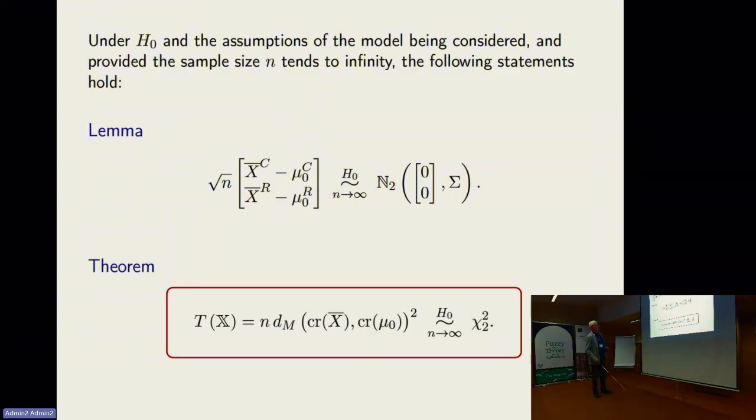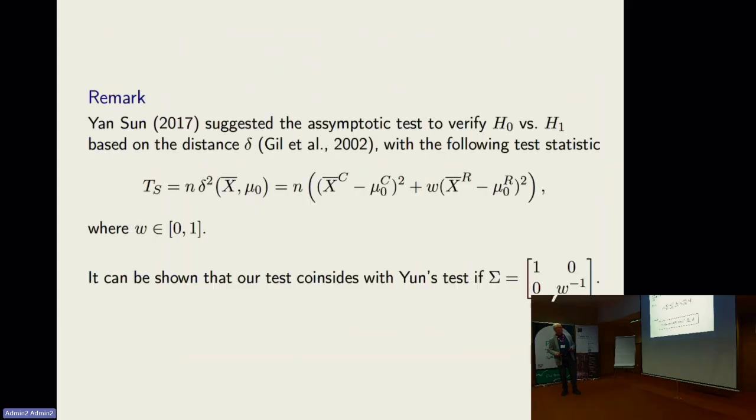So consequently, if this is a part of my distance, and I put everything inside and take n times the square of the distance, we can prove that under H0, so if the null hypothesis holds and the sample size is large enough, the asymptotic distribution is the Chi-square distribution with 2 degrees of freedom.